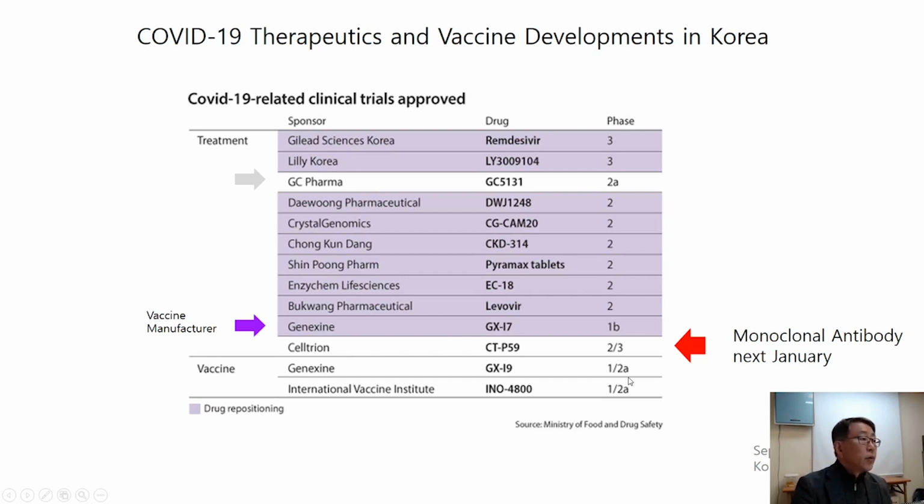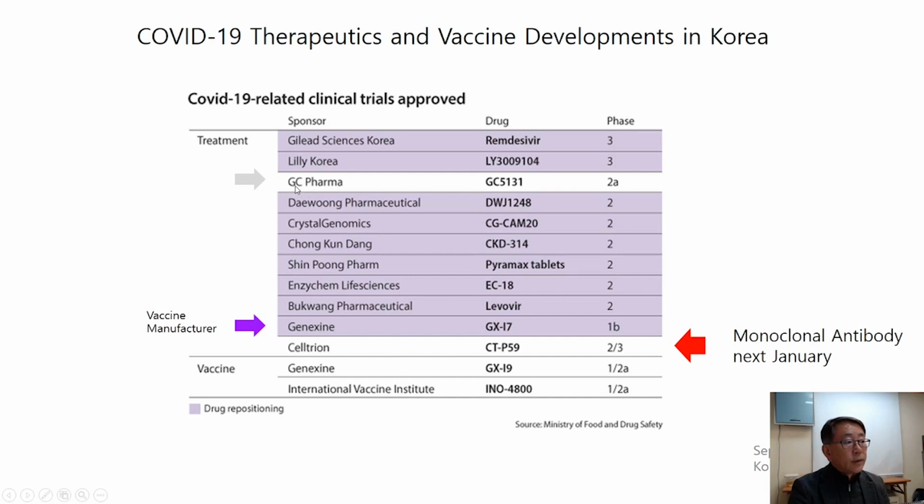This slide shows the vaccine and therapeutic development efforts in Korea, and I'd like to point out 2 things. On the left side, Genexin is a vaccine manufacturer, but the problem is they didn't have a success in the past with any vaccine. That was the first mistake of the government in allocating the money to Genexin.